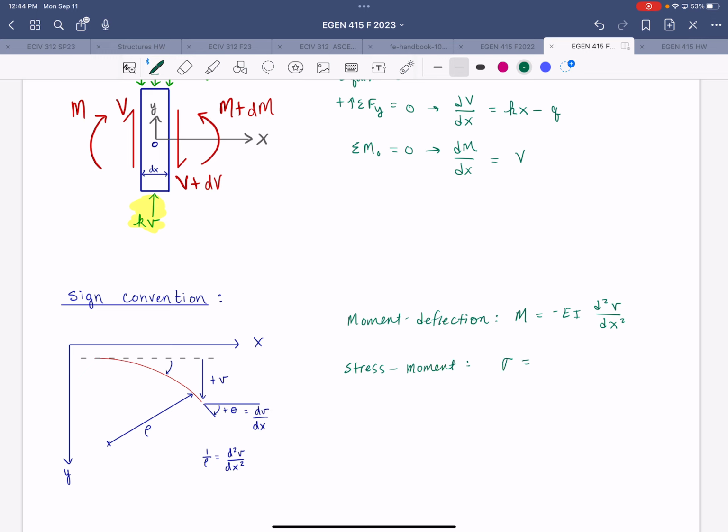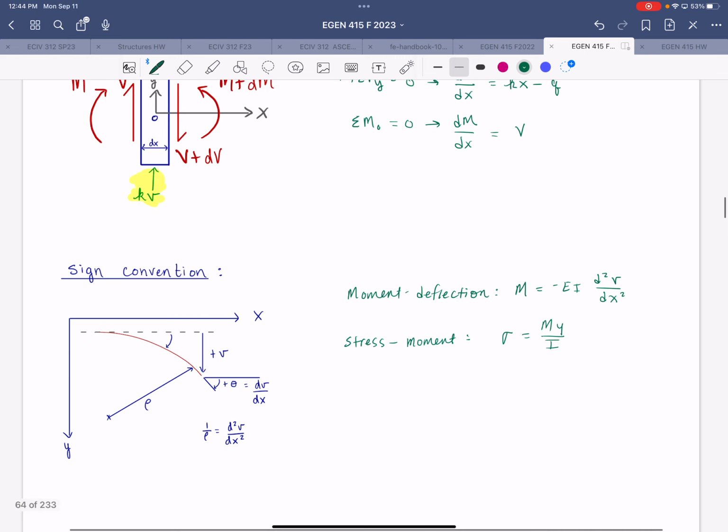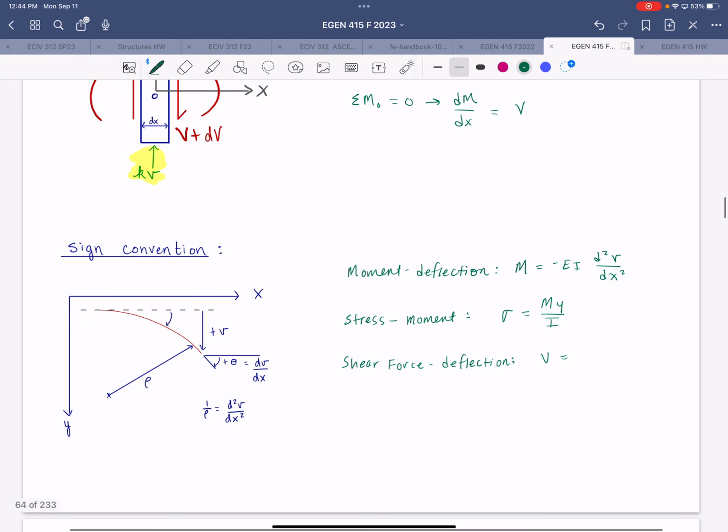That's normal stress is equal to M times y over I. We can get shear force deflection. So that's capital V is equal to negative EI times the third derivative of lowercase v with respect to x.